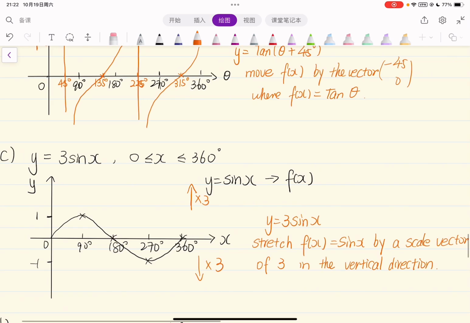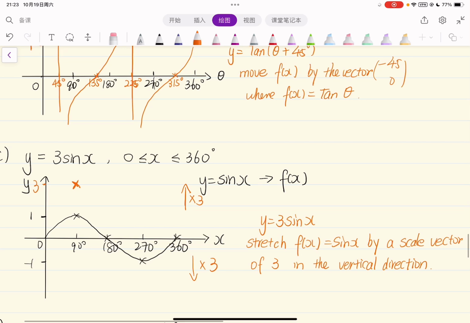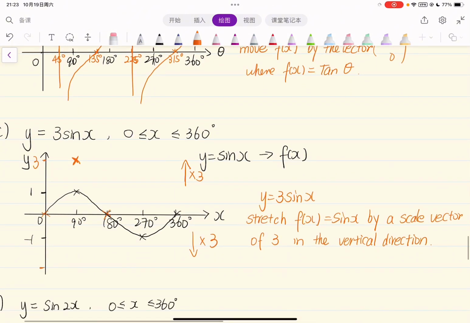Right? So when x equals 0, y equals 0. When x equals 90 degrees, it will become 1 times 3, probably over here, I guess. So here is 3. For 180 degrees, y still is 0. For 270 degrees, negative 1 times 3, that is negative 3.